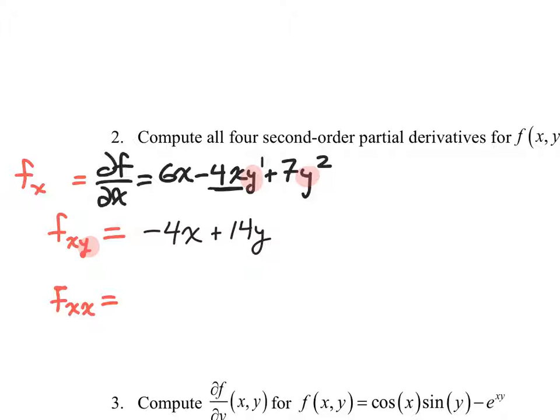All right. Going back to my first order partial, I take the derivative now with respect to x. So 6x goes to 6. That's easy enough. All right, my relevant variables are the x's. That 7y squared is going away because there are no x's in there. So 7y squared is constant.